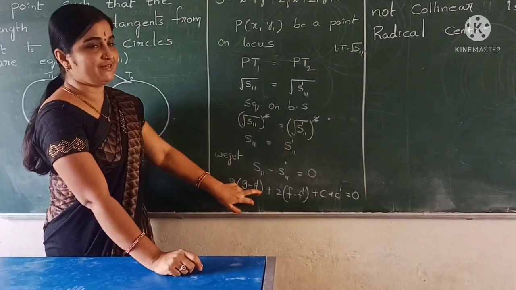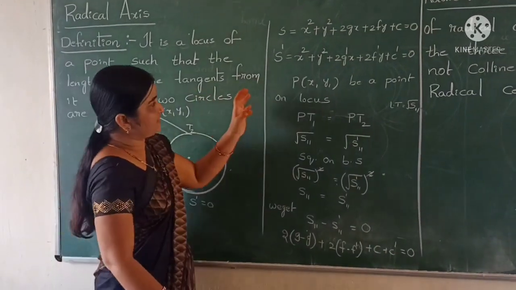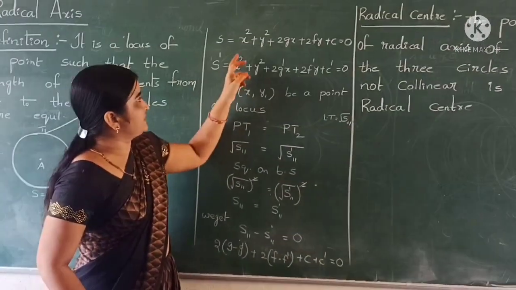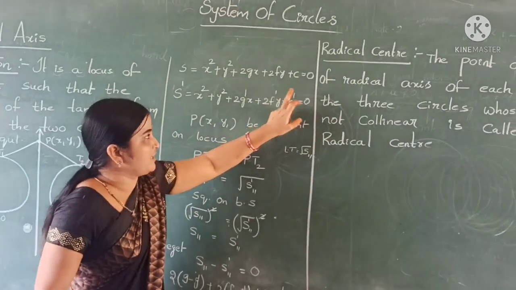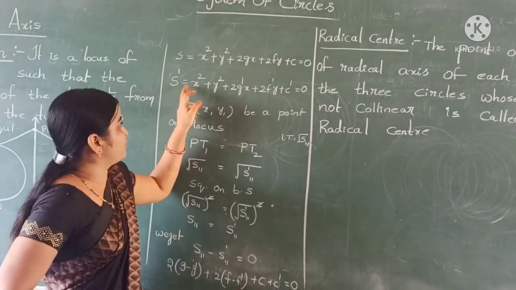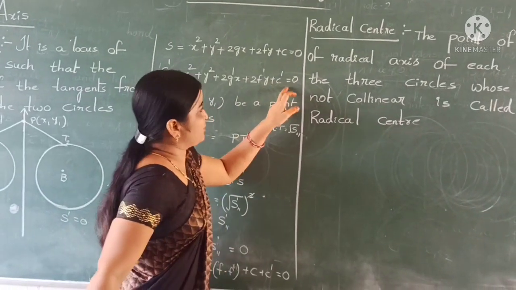I have to write directly because S11 means, s is equal to x square plus y square plus 2gx plus 2fy plus c is equal to 0, and S dash is equal to x square plus y square plus 2g dash x plus 2f dash y plus c dash is equal to 0.